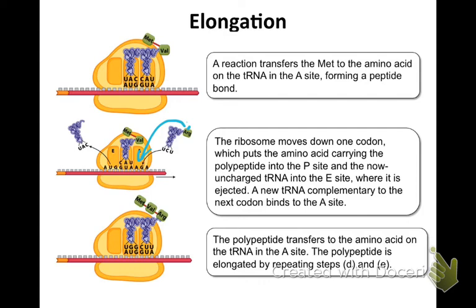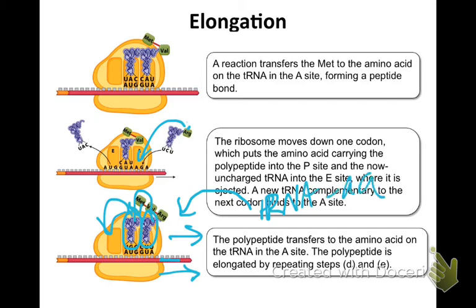I hope you can see in your head that these will move in this direction, this will end up in the E site, this in the P site, and the A site then opens up, and whatever this codon is will initiate bringing in a new tRNA with the appropriate amino acid, and so on and so forth. And I keep doing this until ultimately I hit one of the stop codons.